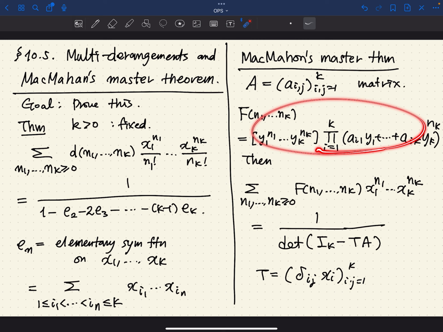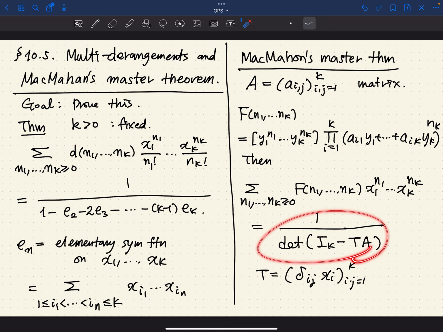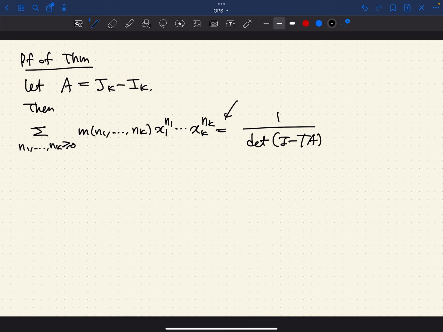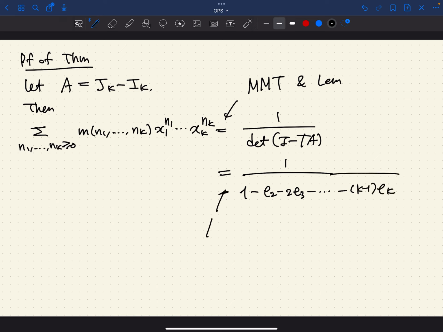So that is equal to this, by the McMahon's-Mester theorem, and also with the lemma about M. And this is equal to 1 over this, by the last lemma. So that is the end of the proof.